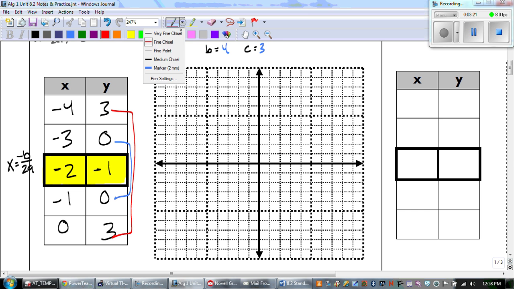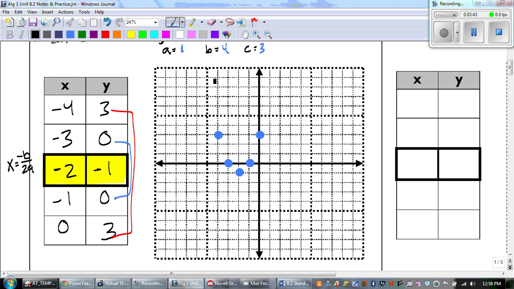All right, let's go ahead and graph this. Negative 2, negative 1, there's my point. Then negative 1, and then negative 3, 0, and then 0, 3, which means I'm at negative 4, 3.